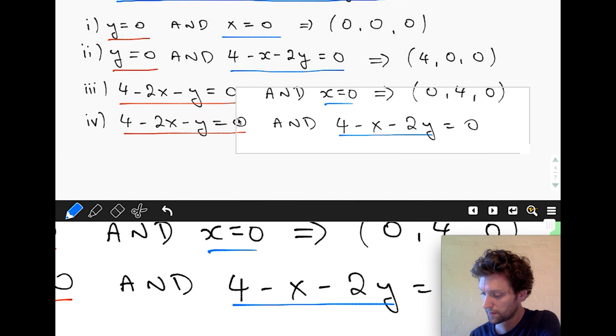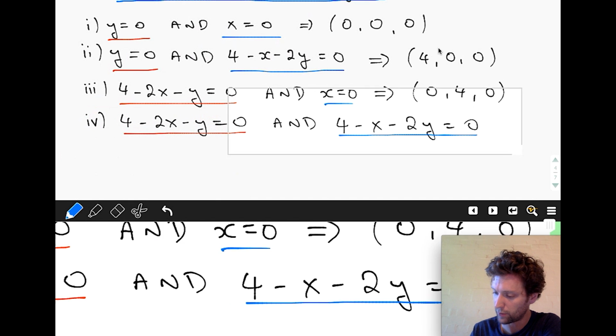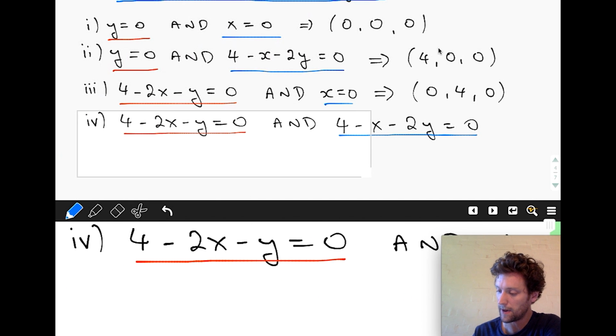So one solution to the red equation and one solution to the blue equation. We're going to solve those two simultaneously. Probably the easiest way to do that would be to multiply the second condition by minus 2.